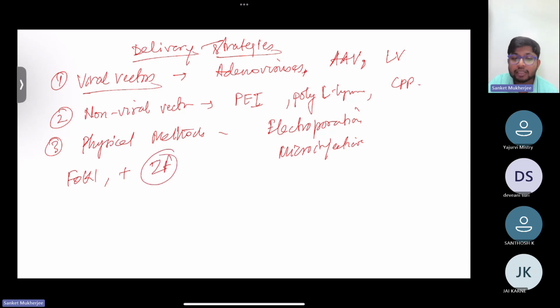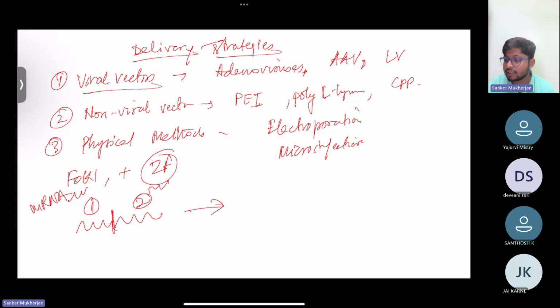How to do that? We can do that by creating fusion proteins. If we take the mRNA of these two genes and fuse them, so this is the first mRNA and this is the second mRNA, and we take this into a cell where it is translated using ribosome. Ribosome translates mRNA into protein.